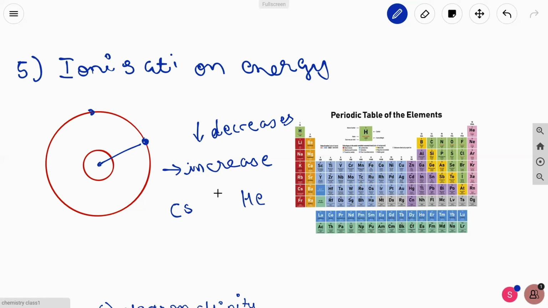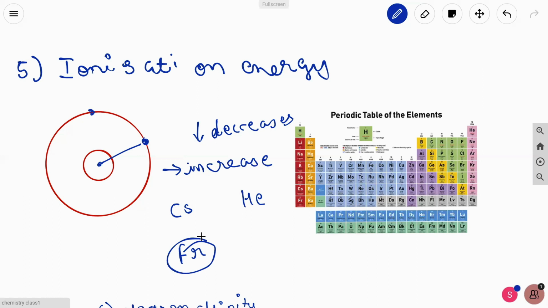One more thing: you can ask why francium is not the highest. Usually you will say it's a radioactive element and it's probably not determined. But I checked Google, and it says francium's ionization energy is more than that of cesium. I don't want to explain the reason now, but by this we know that in chemistry there are so many exceptions.